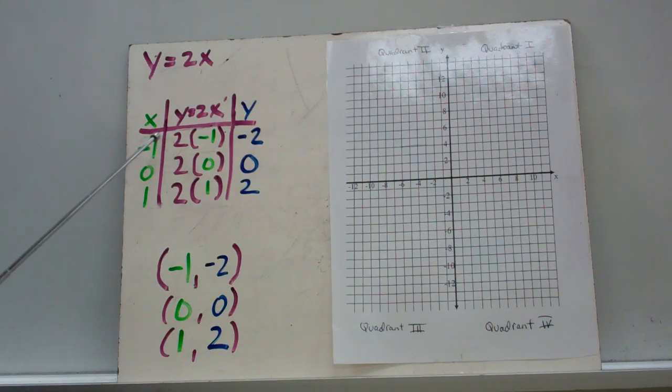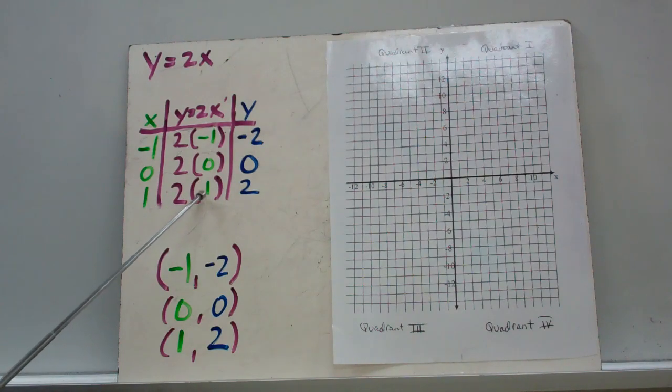So we're going to take our first input, -1, and multiply it by 2. 2 times -1 would leave us with -2. Take our second input, 2 times 0, which is 0, and then 1 times 2, which is 2. And this will help us derive our coordinates. So we have (-1, -2), (0, 0), and (1, 2).